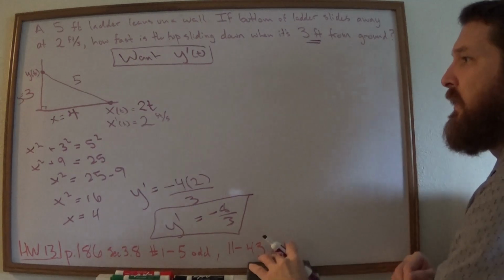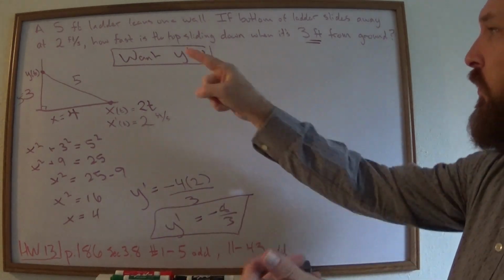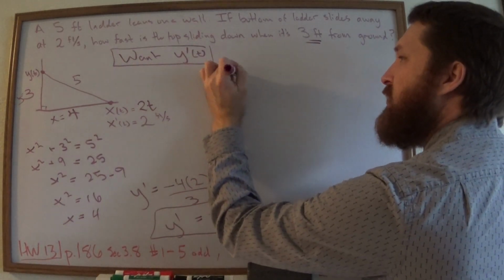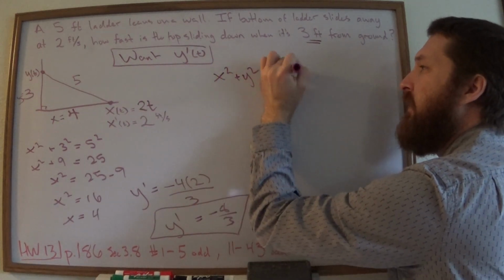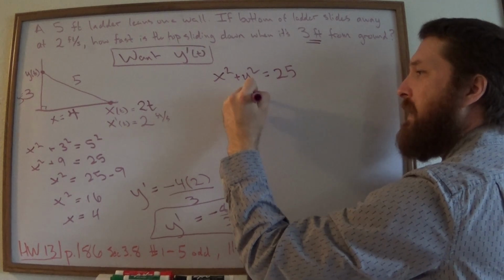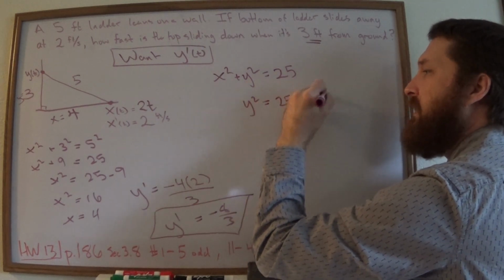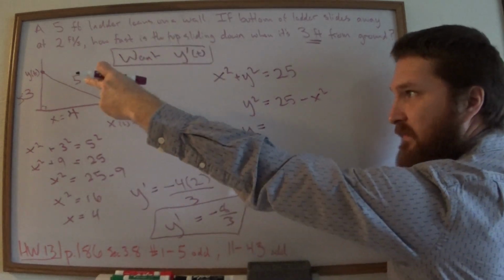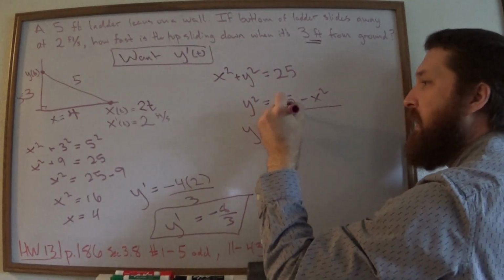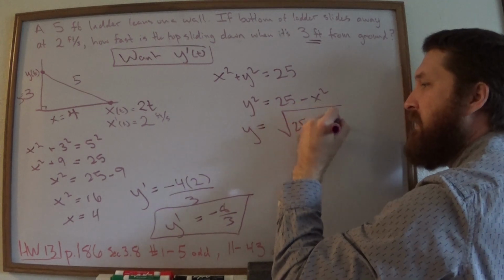Where we say, okay, since x squared plus y squared is equal to 25, then we could get y by itself by going 25 minus x squared. Y is a positive number over here, so we're going to take the positive root of 25 minus x squared.